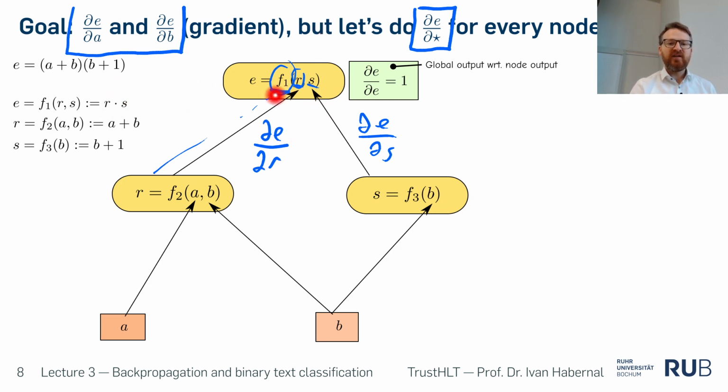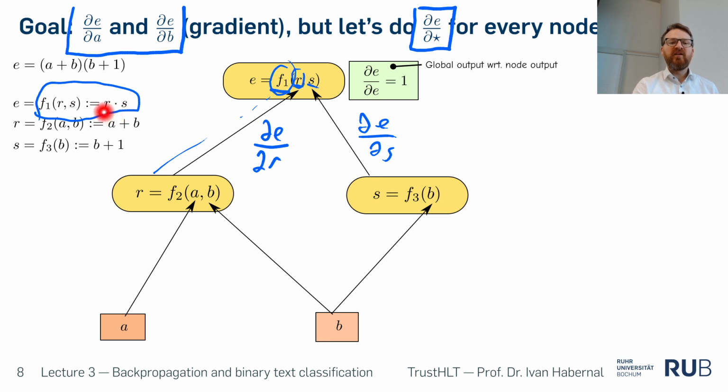So this f1 function is this one. What is the partial derivative of this function with respect to R? Ooh, okay. So this is the homework, partial derivatives. You need to refresh this very well. If you do partial derivatives of one variable, you take the other as a constant.